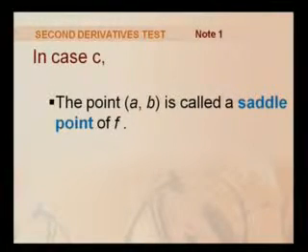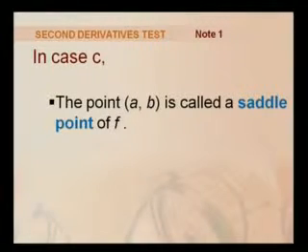So this kind of point (a, b) is called a saddle point. Now we are moving to another small topic, which is the saddle point. We have already learned about the critical point at which the function might be a maximum, a minimum, or that point might be a saddle point.